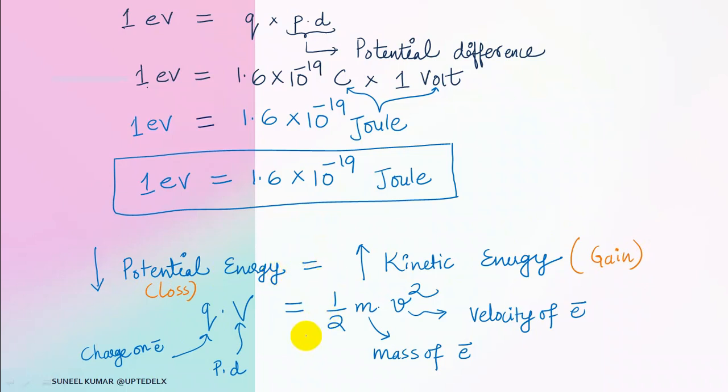So we can simply write here an equation for velocity. V is equal to under root 2QV divided by M, that is in meters per second.